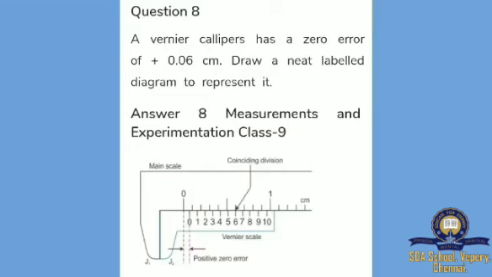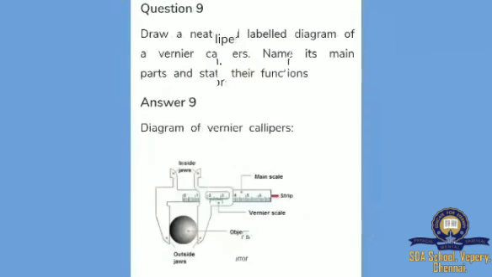So the zero of the vernier should be to the right of the zero of the main scale, and also the second thing, the sixth line of the vernier should coincide with the main scale. It should be very clear while drawing, and you should mark the parts and also the coinciding division so that it is clear.